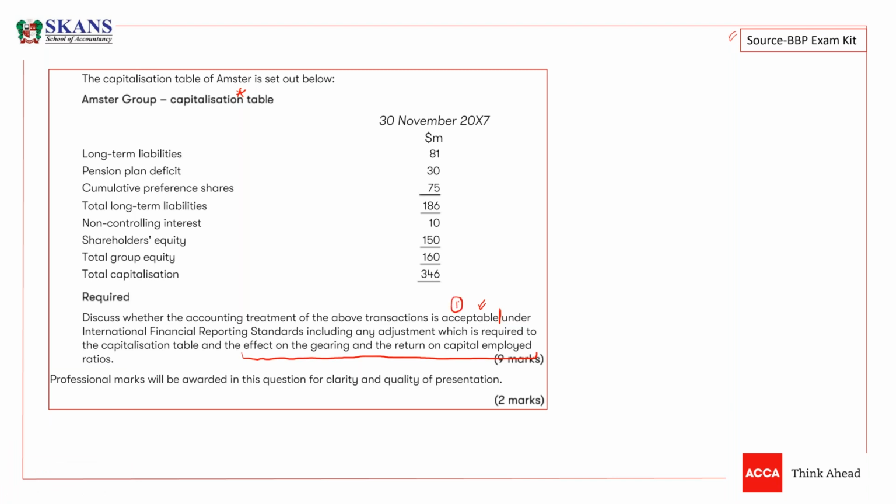Now the second requirement was you need to give them adjustments to the capitalization table. So what adjustment is required, guys? I'm waiting for your answers. Please write an answer. Just tell me what should be the adjustment in the capitalization table.